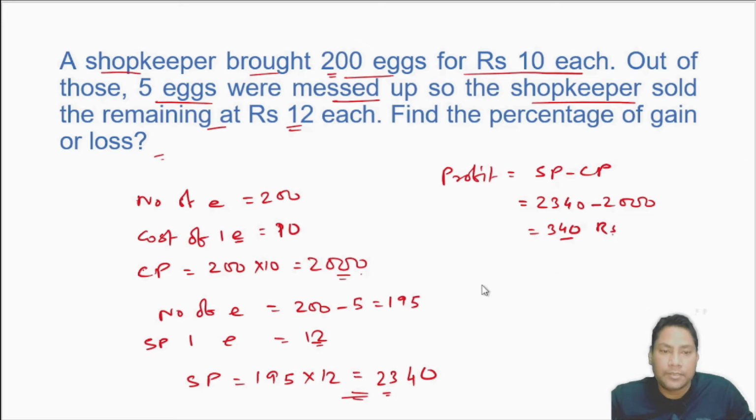Now the profit percentage formula is profit divided by cost price into 100. Profit is 340 divided by cost price 2000, multiplied by 100. 20 cancels, 0 cancels, so the answer is 17%.